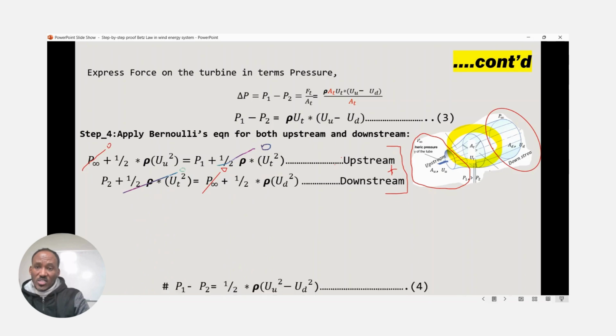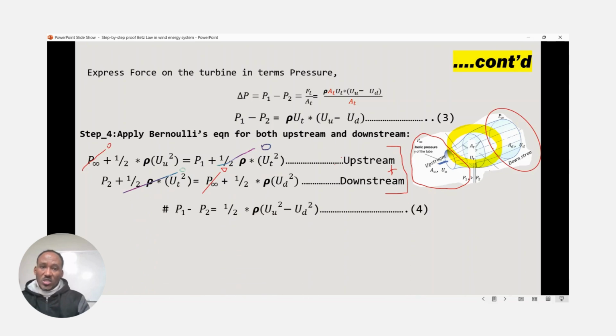This also cancels. We have a new equation, which is equation 4: P1 minus P2 is equal to 1 over 2 density times open parenthesis UU square minus UD square close parenthesis. Let's say this is equation 4.